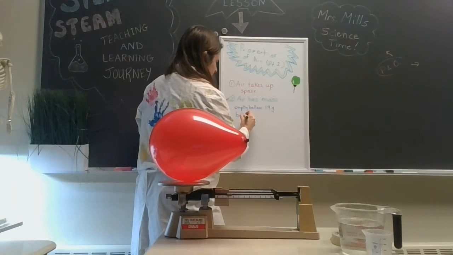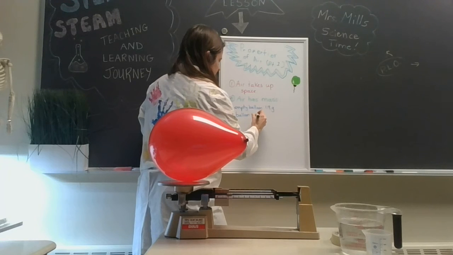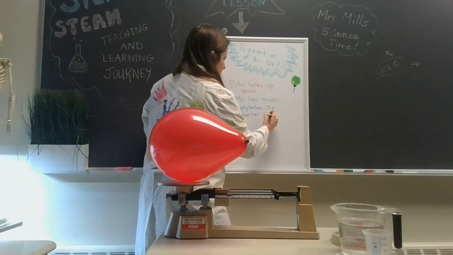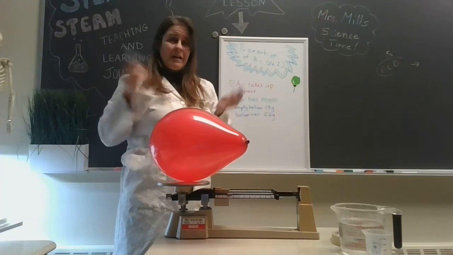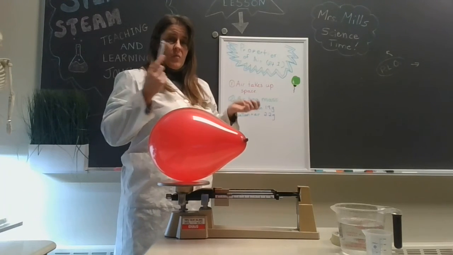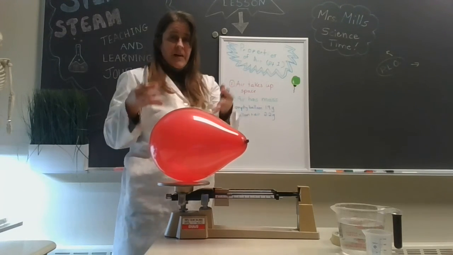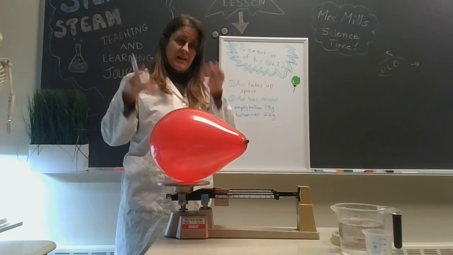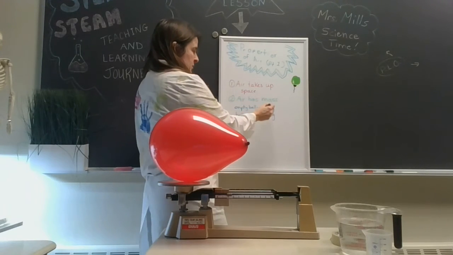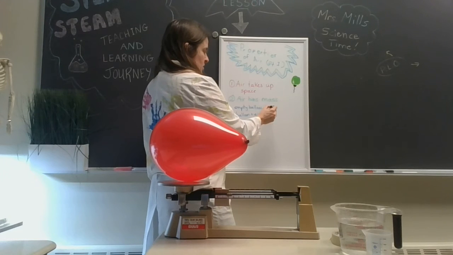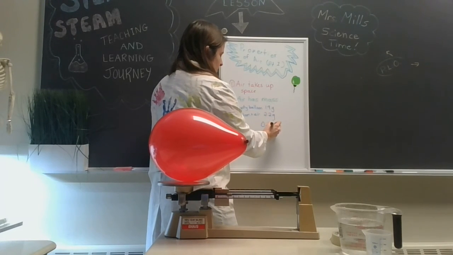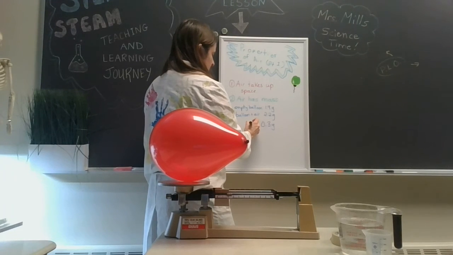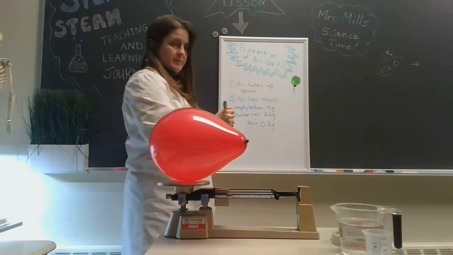Balloon plus air is 2.2 grams. So if it weighs more, that means that the air weighs something. There's air in there now, and it must have mass. So if we subtract these two, 2.2 minus 1.9 gives us an air total of 0.3 grams.